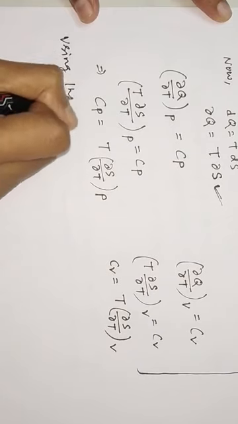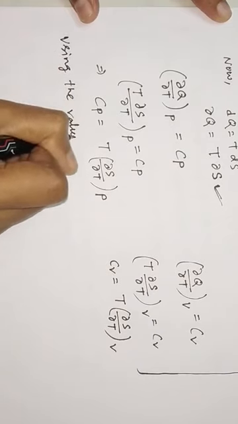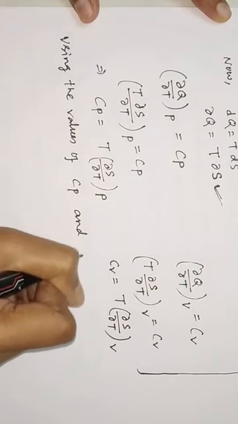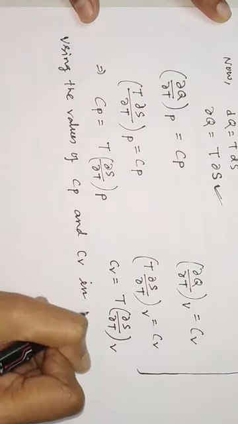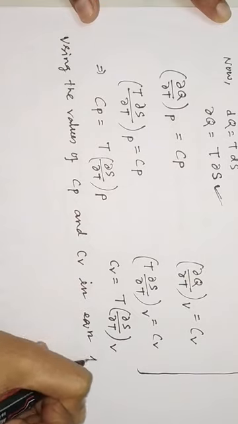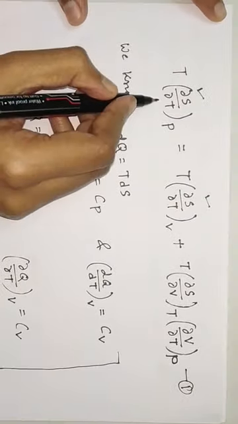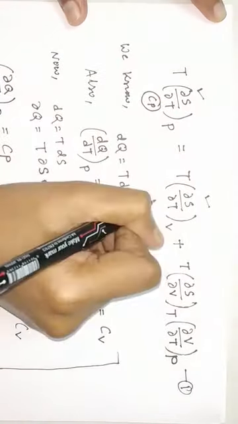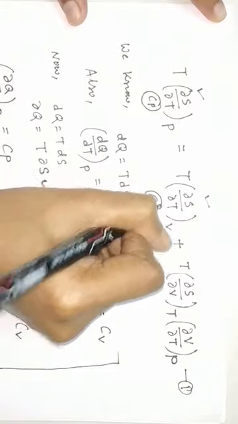Okay, so using the values of Cp and Cv in equation 1, what do we have? So this will be replaced by Cp and this term will be replaced by Cv.